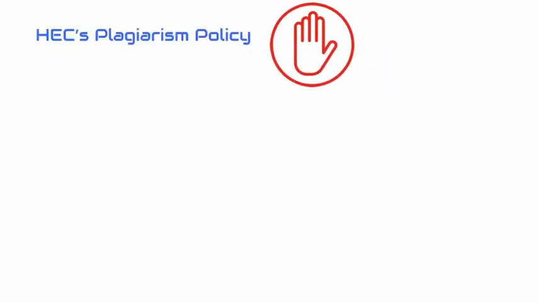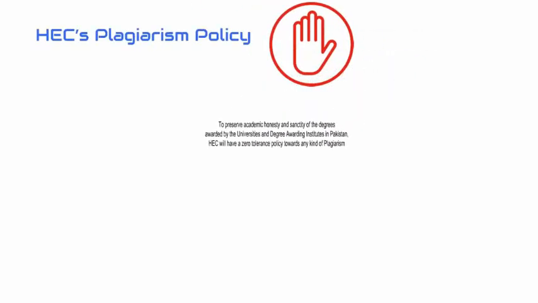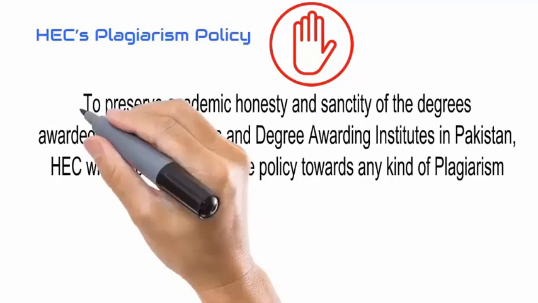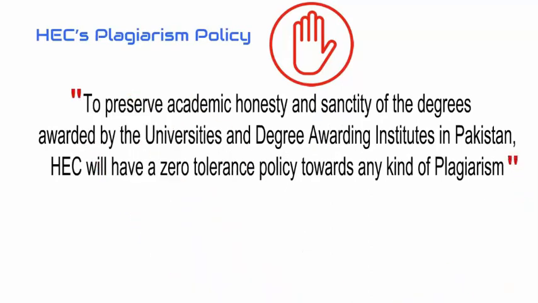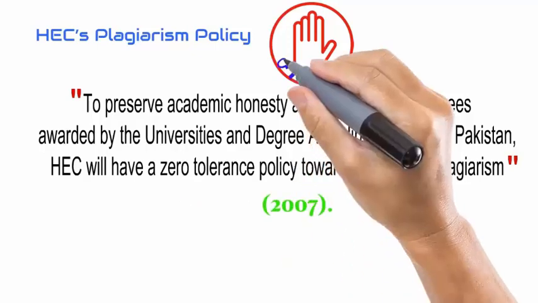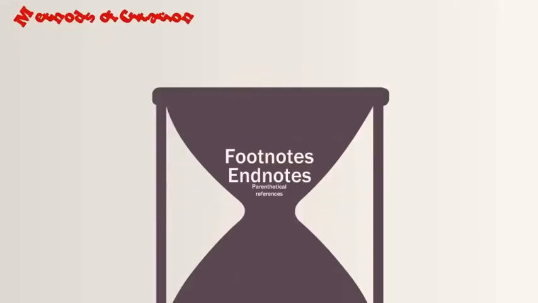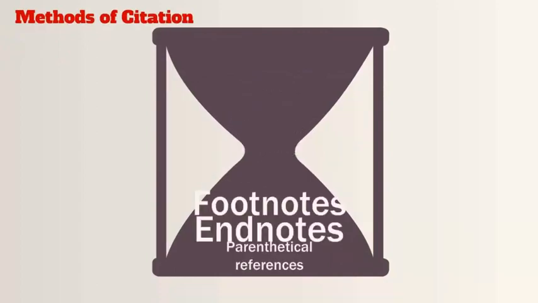The Higher Education Commission, or HEC, has a plagiarism policy of 2007, which states: to preserve academic honesty and sanctity of the degrees awarded by the universities and degree awarding institutes in Pakistan, HEC will have a zero-tolerance policy towards any kind of plagiarism. There are three methods of presentation of references within a document: as footnotes, as an endnote, or as a parenthetical reference.